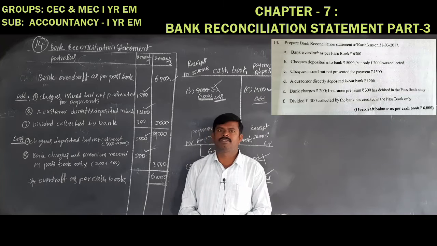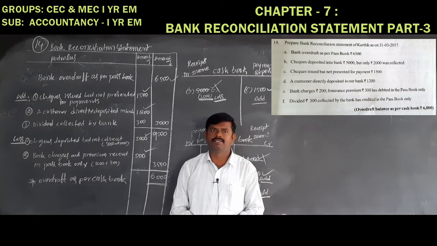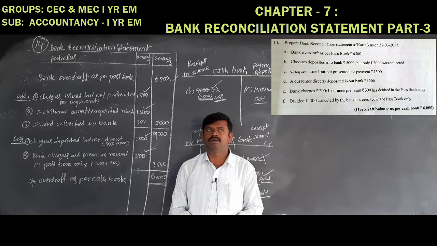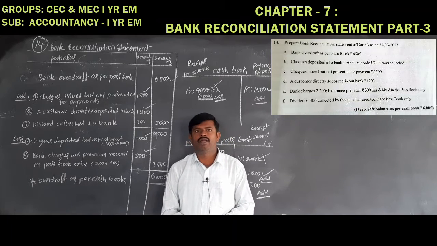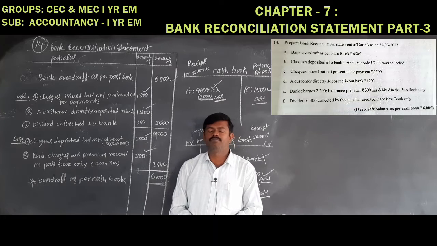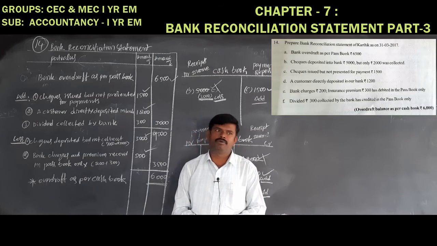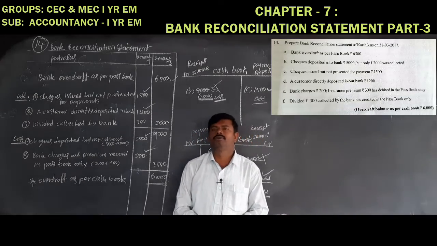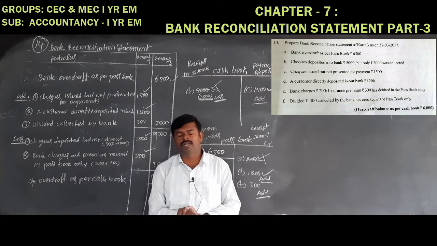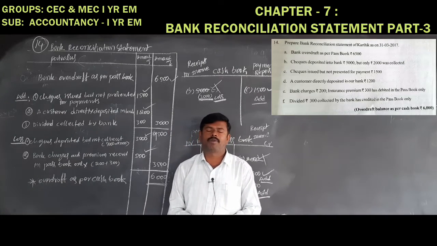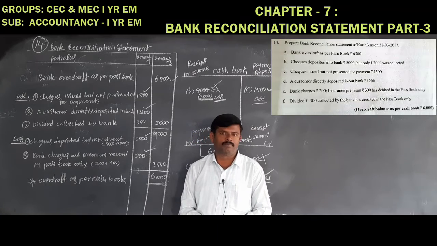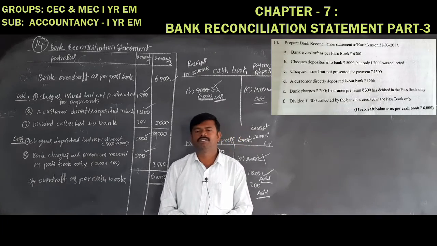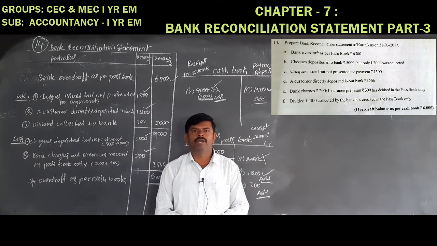This is the first point. Second, as per the information given in the problem, we record as per the previous information. If it is recorded in the passbook, we also record it in the passbook. If it is recorded in the cash book, we also record it in the cash book. And as per the instruction of the problem, then after that we identify add or less items.